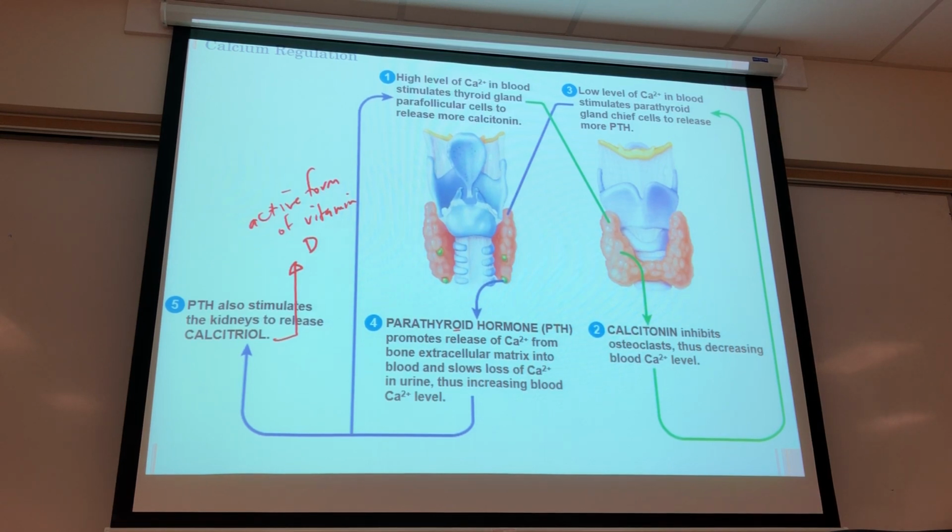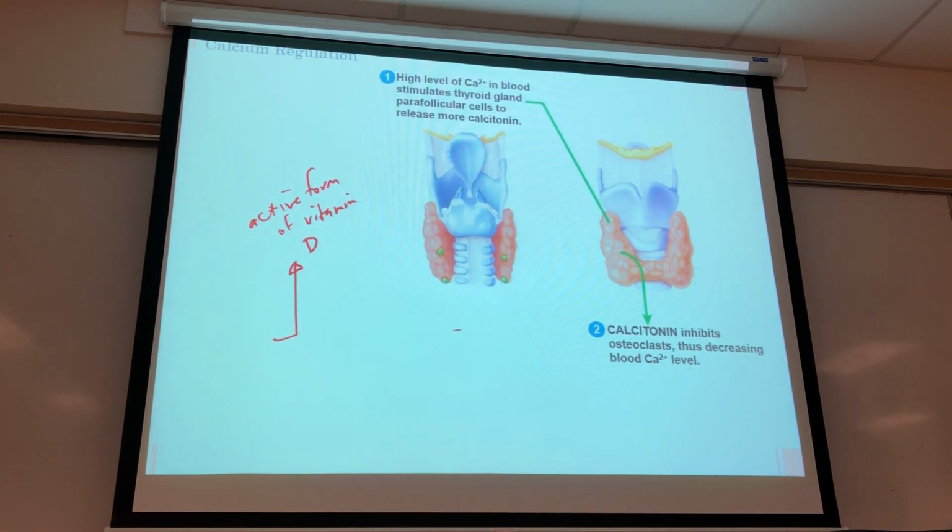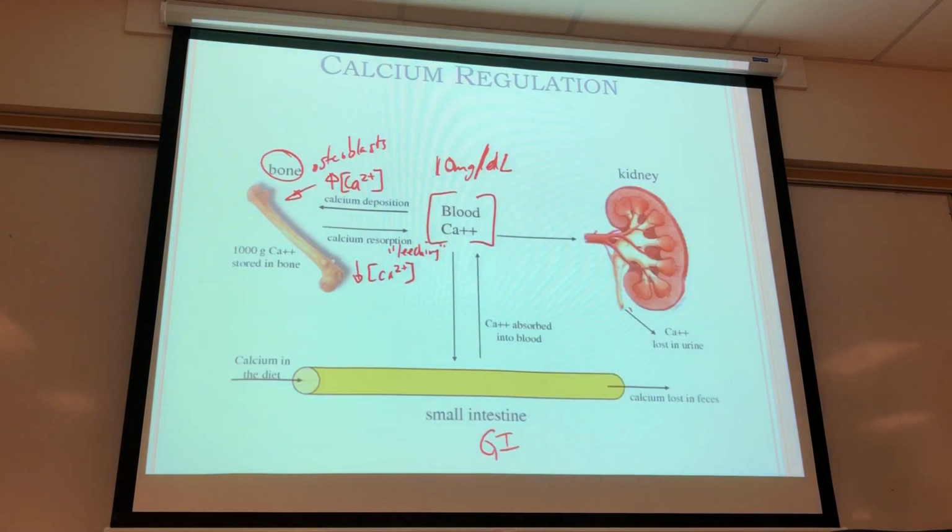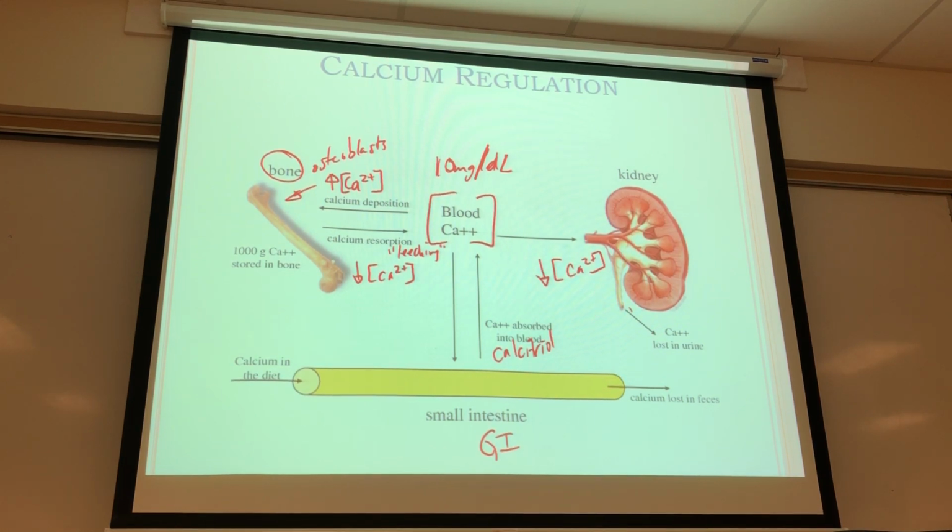Calcitriol results in increased calcium absorption in the gut. In this slide is where calcitriol comes in. So low calcium results in the kidneys secreting calcitriol, an active form of vitamin D.